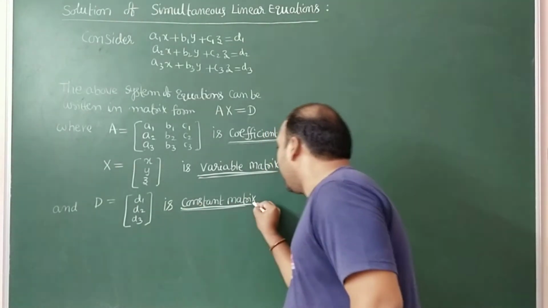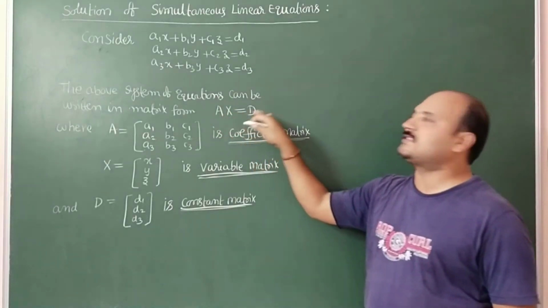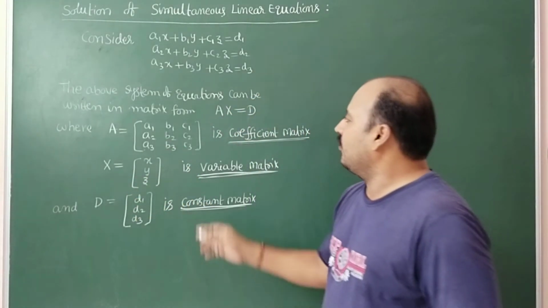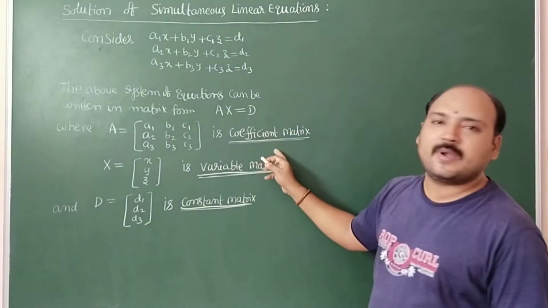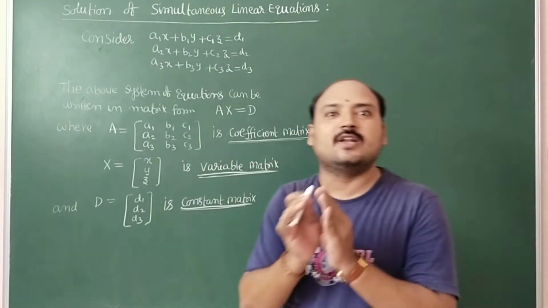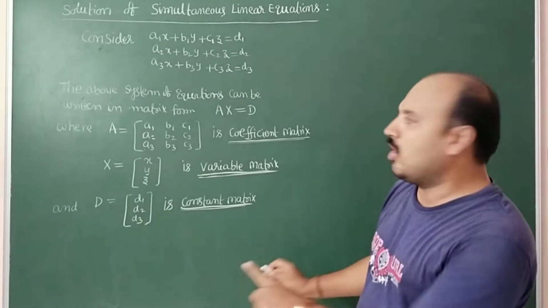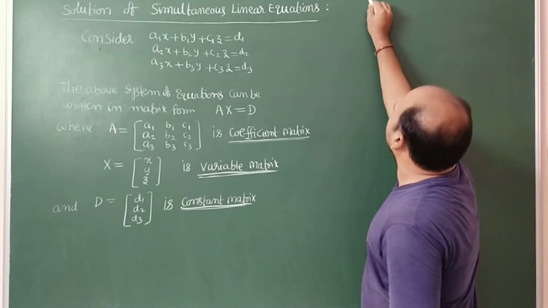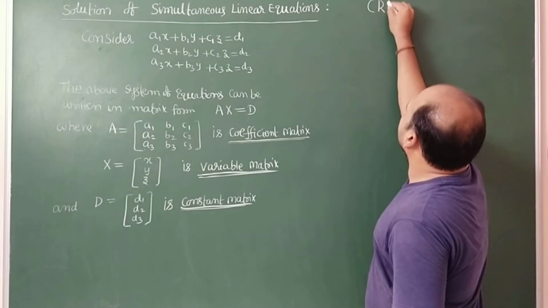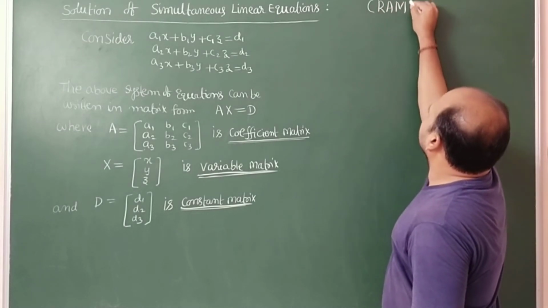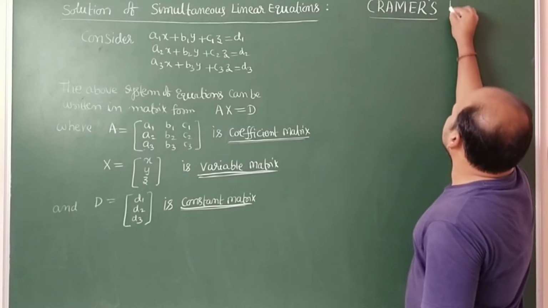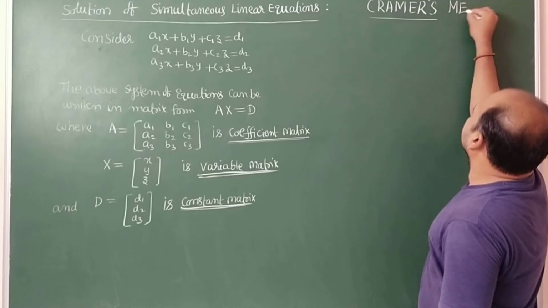After writing in the form of AX is equal to D, where A is a coefficient matrix which is not singular, here we are going to discuss Cramer's rule, or Cramer's method.